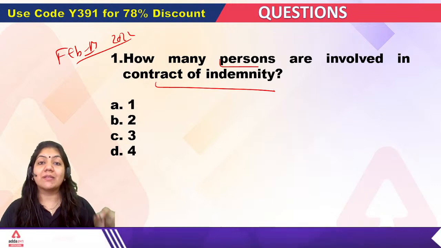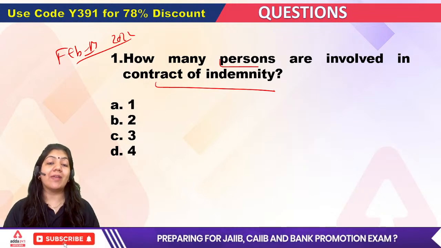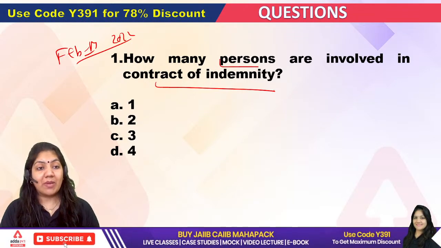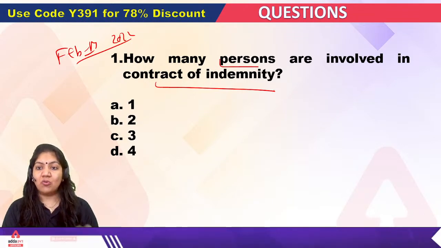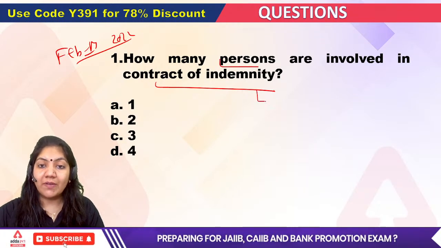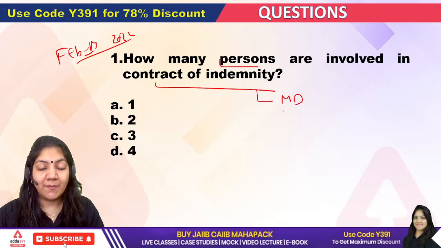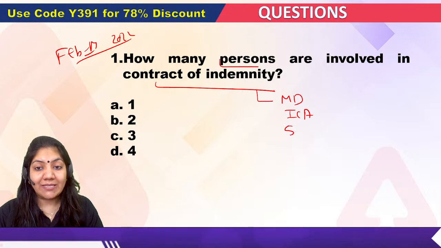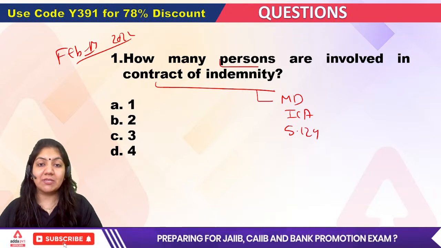And now we are discussing the previous year questions of your LRB. You see what type of questions come. Yeah, the first question. How many persons are involved in the contract of indemnity? The contract of indemnity, the module is there. Indian Contract Act, and indemnity is Section 124. What is indemnity?